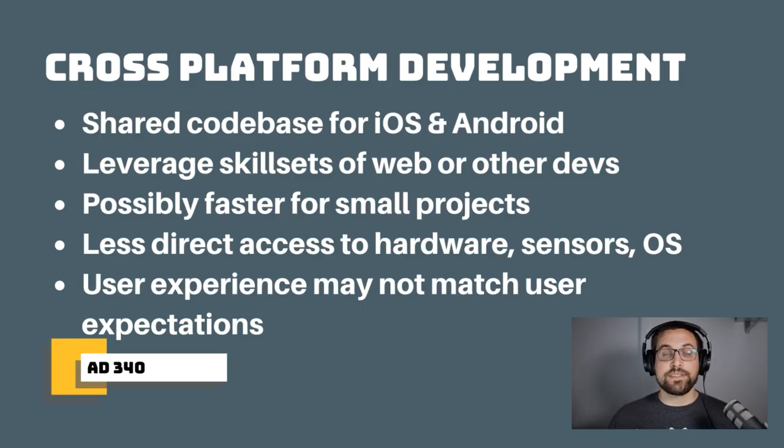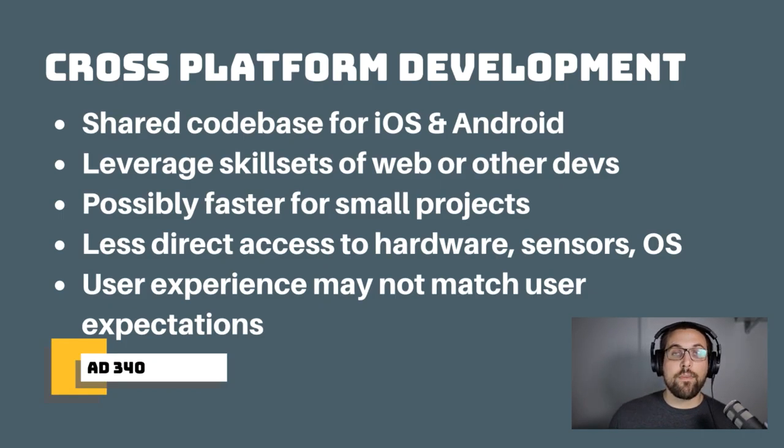This has the potential to be a lot faster for certain types of projects. Now, there's a lot of debate in the community about what's better, cross-platform or native. I don't really want to get into that too much. But my personal preference is it just depends on your needs for the project. But definitely for small one-off projects, cross-platform can be a really great option.